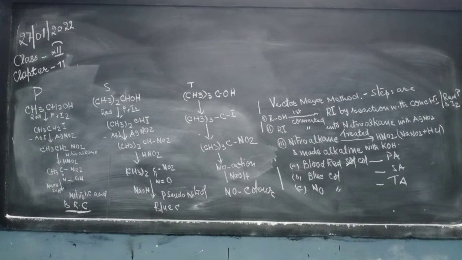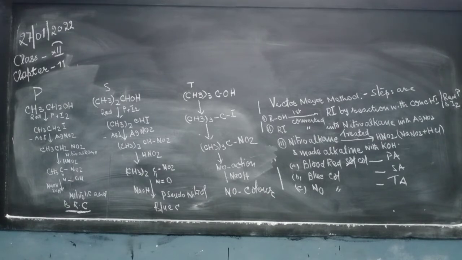In the second step, alkyl iodide is converted into nitroalkane with the help of silver nitrite. Lastly, nitroalkane is treated with nitrous acid and the solution is made alkaline with potassium hydroxide or sodium hydroxide.